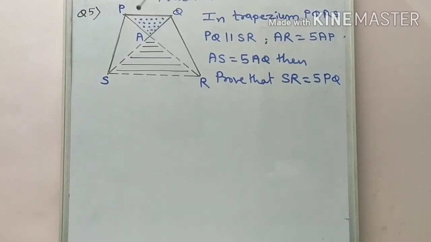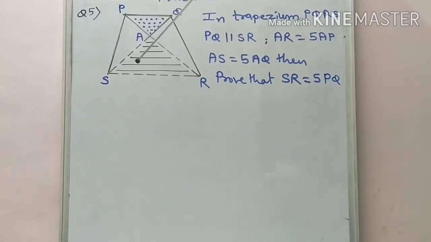Okay students, so what we do here: first we show these two triangles are similar by the test, and then we take the corresponding sides in proportion, and using that correspondence we can prove SR equal to 5 PQ. Okay, so now try to prove these two triangles are similar.